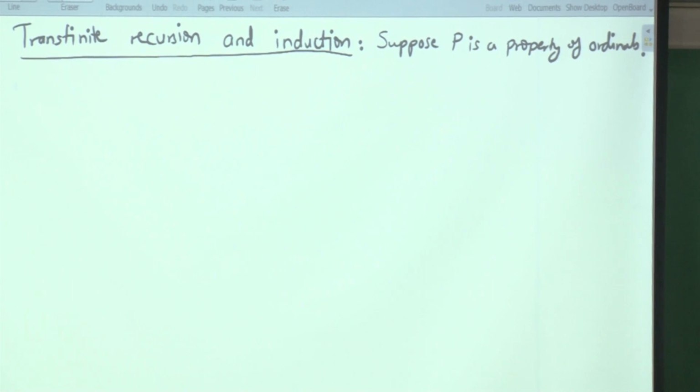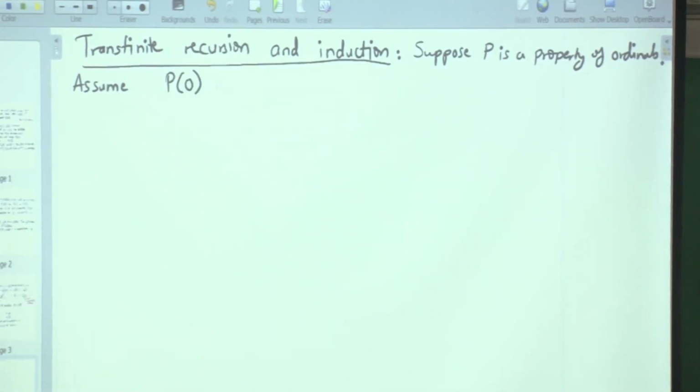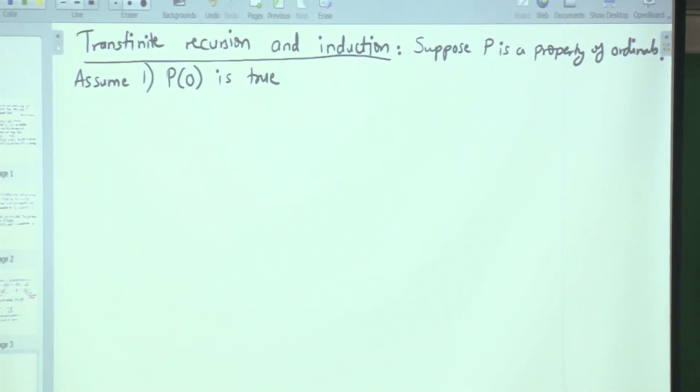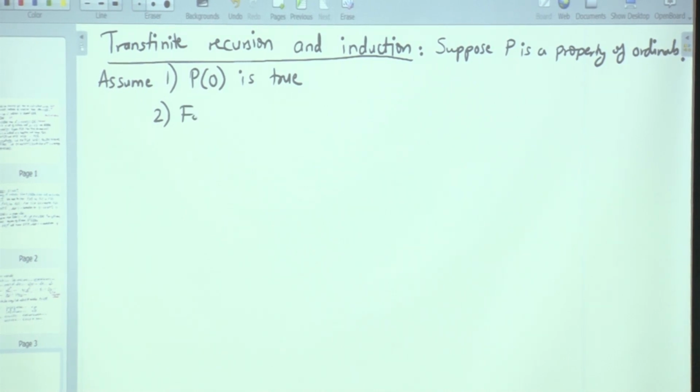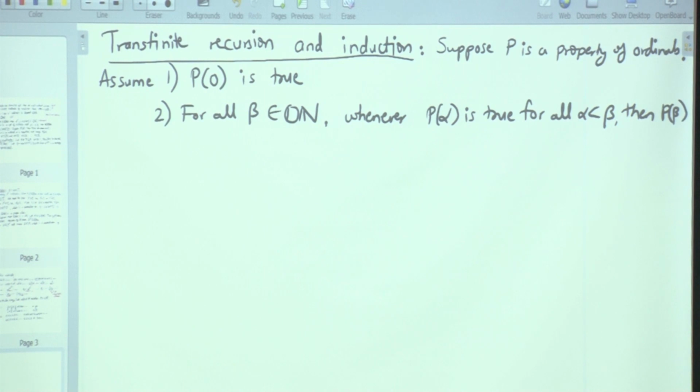Then assume P of 0 is true, and for all beta in On, whenever P of alpha is true for all alpha less than beta, then P of beta is true. Then P of alpha is true for all alpha in On.